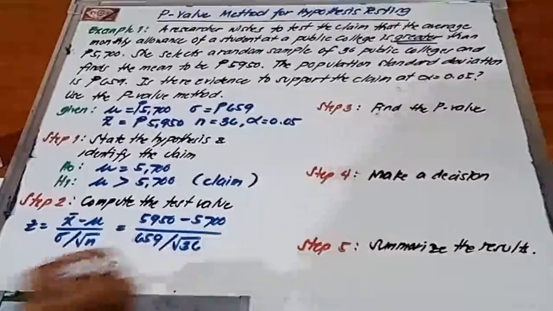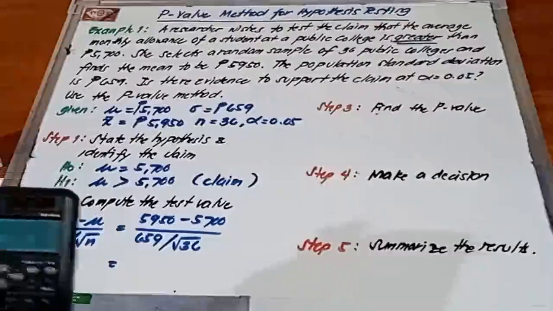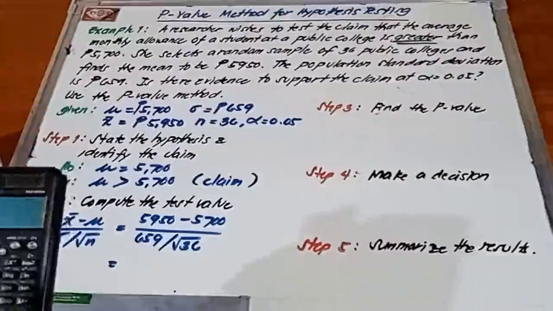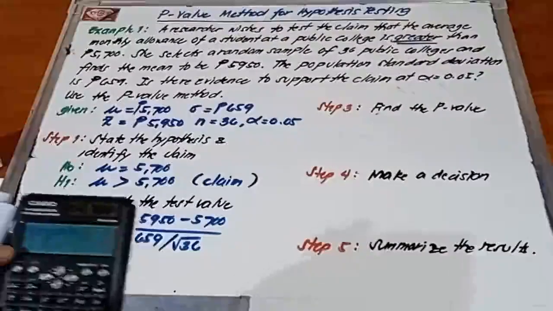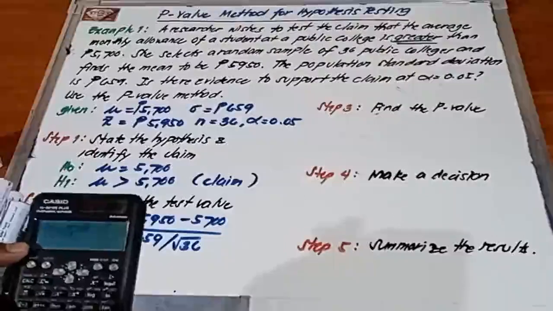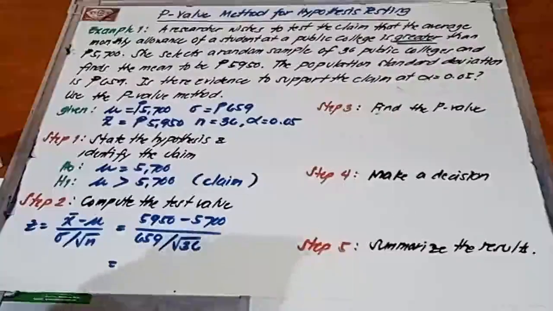Okay. Our z computed value is equal to, okay, we have the fraction 5,950 minus 5,700. Sa baba, we have 659 divided by 6 na lang kasi square root of 36 is 6. We have, answer is 2.28.